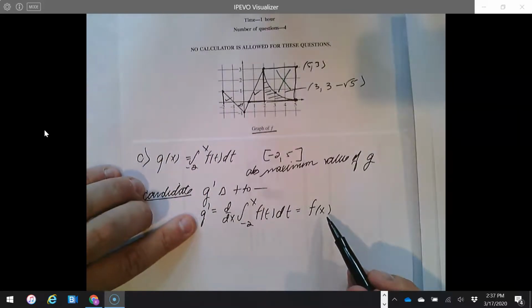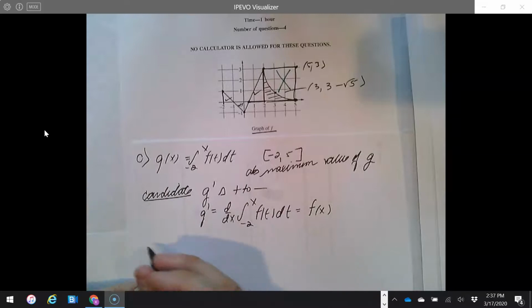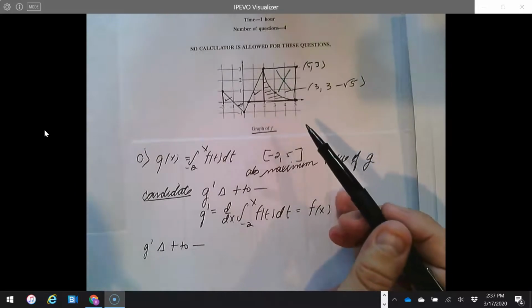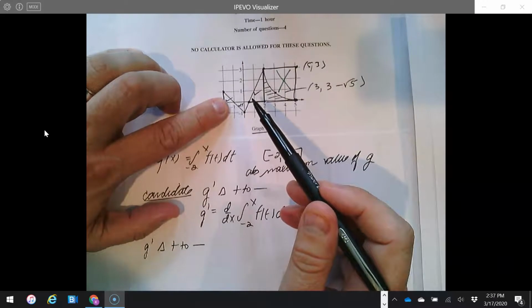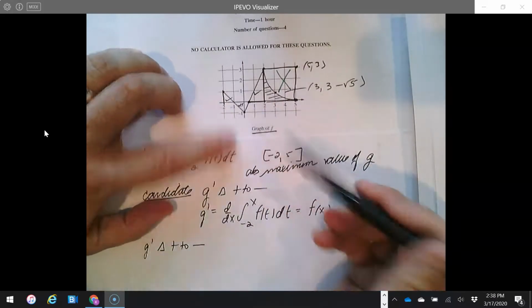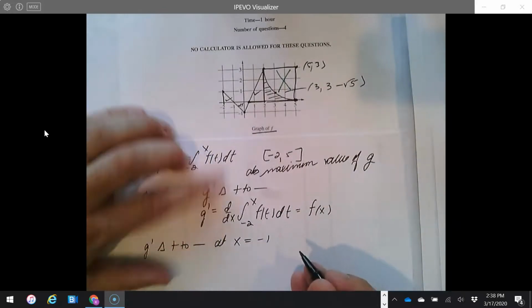If I want to know where g prime changes from positive to negative, where does that change happen? Well, it happens over here at x equals -1. I can see that change at x equals -1.